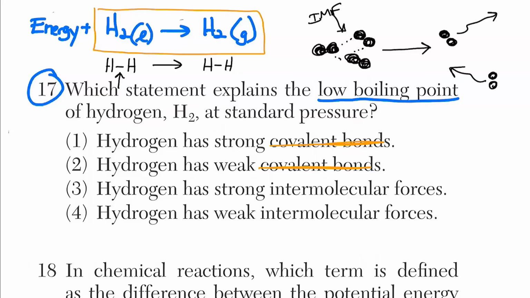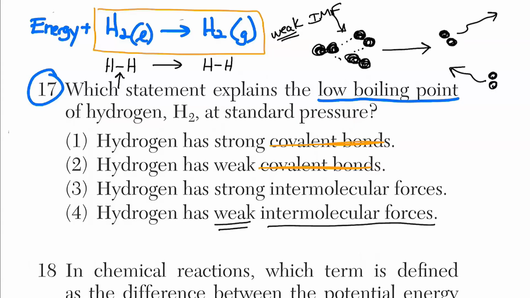Okay, so we are breaking intermolecular forces, and if it boils at a low temperature, these must be weak. If you don't need much to break these forces to get them into a gas, they've got to be a weak intermolecular force. You have to know that in a phase change, we're not breaking bonds.